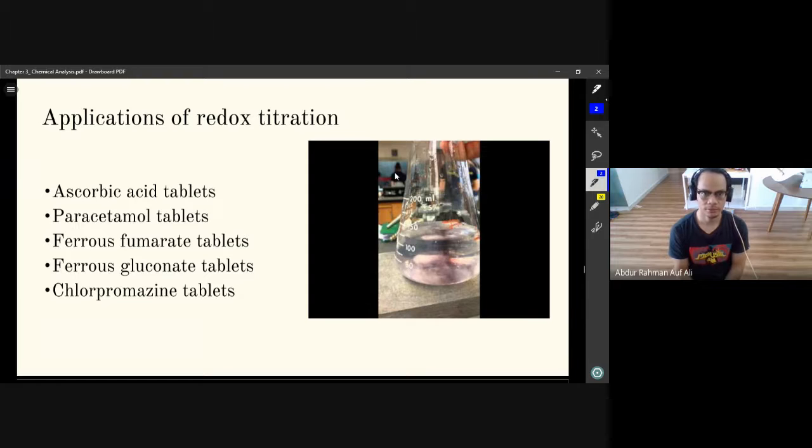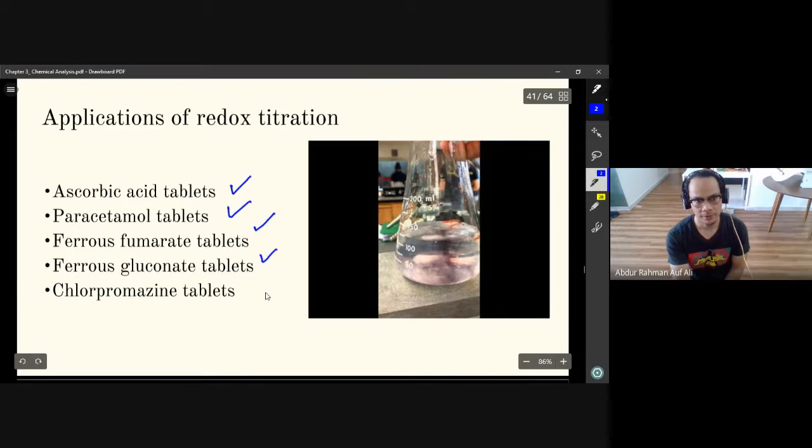oxidation states. Okay, for example ascorbic acid tablets, vitamin C medicine, PCM, we want to estimate the amount of ferrous, also ferrous, chlorpromazine tablets. So these are the examples of pharmaceutical drugs that we use to test with redox titration.